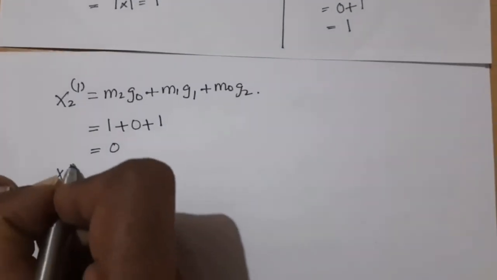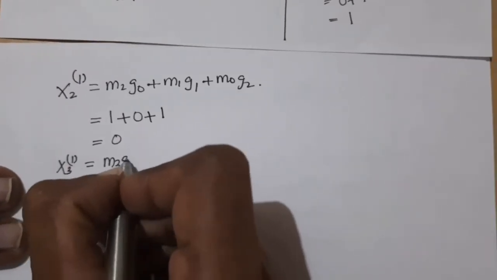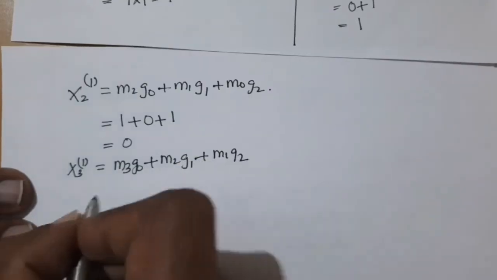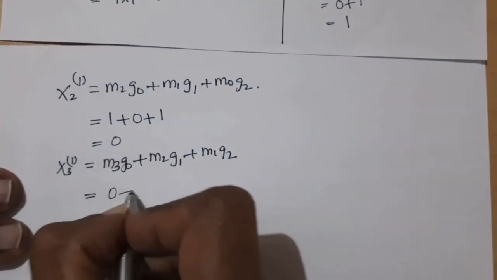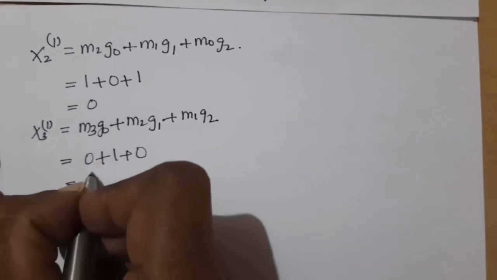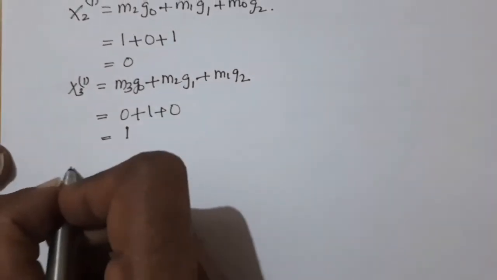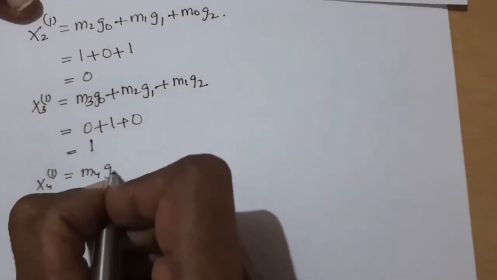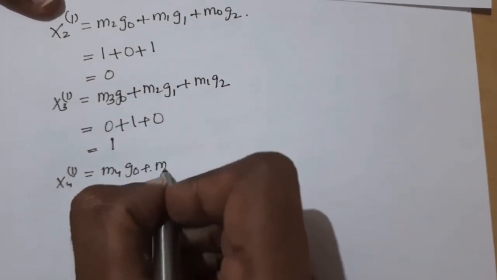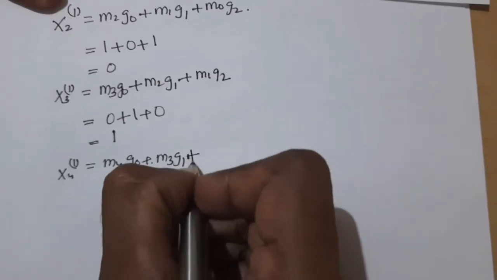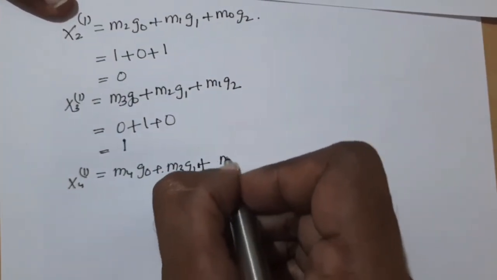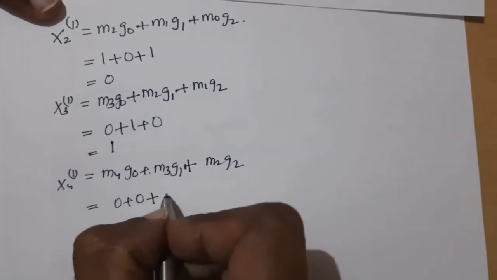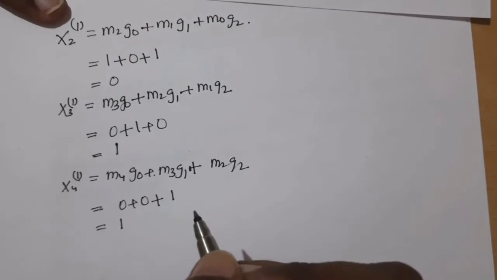Now x3 of 1 is m3 g0 plus m2 g1 plus m1 g2, which equals 0 plus 1 plus 0, which is equal to 1. And x4 of 1 is m4 g0 plus m3 g1 plus m2 g2, which equals 0 plus 0 plus 1, which is equal to 1.